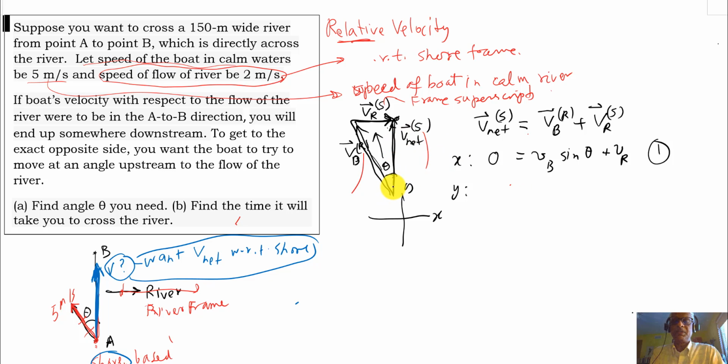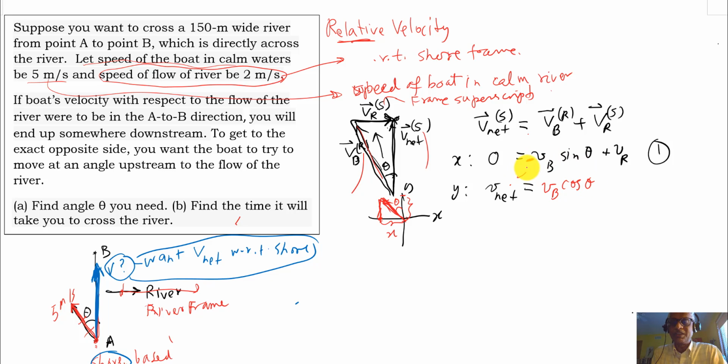In the y direction I get another equation. This will be V net, whatever the magnitude is, and V boat, now very careful, is pointing in that direction, and you have a theta here. So I think this was the x, so it should have been negative here, and the y will be positive, so y is positive V boat cosine theta.